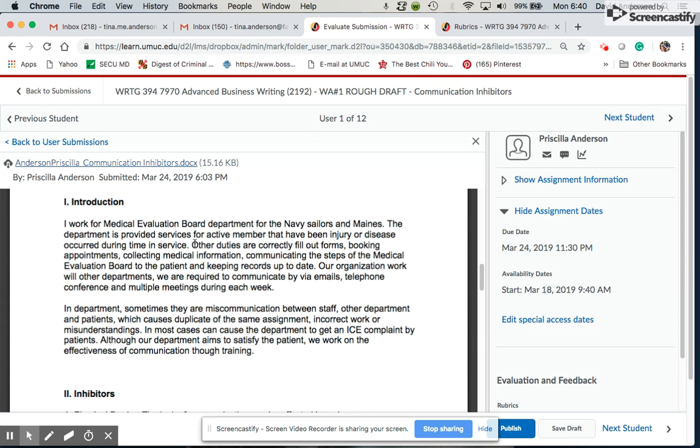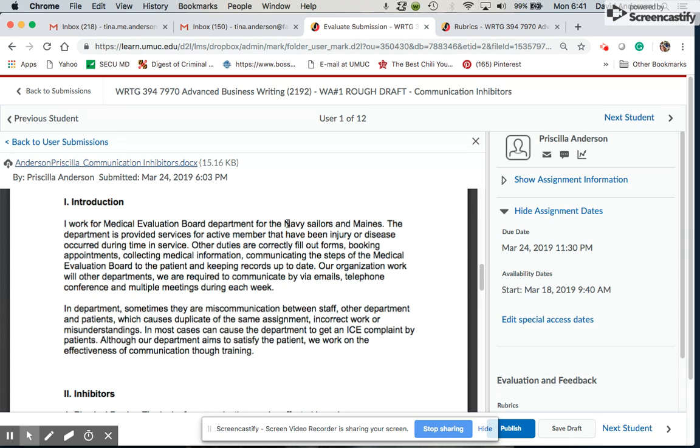In the first sentence, we need to make sure that we have what's called parallel structure going. So you want to say, I work for the Medical Evaluation Board Department, and these would be all 4 of these capitalized, for the Navy and Marines.